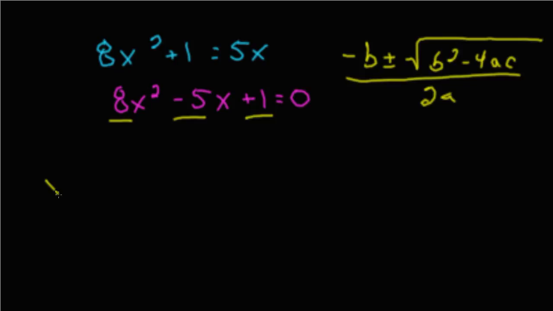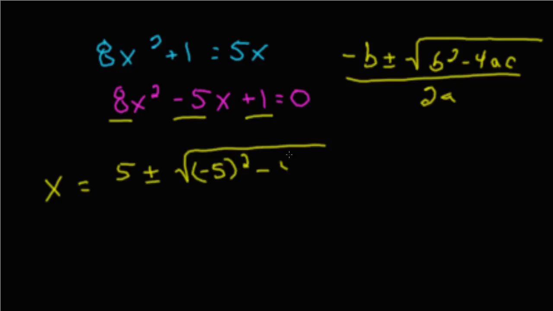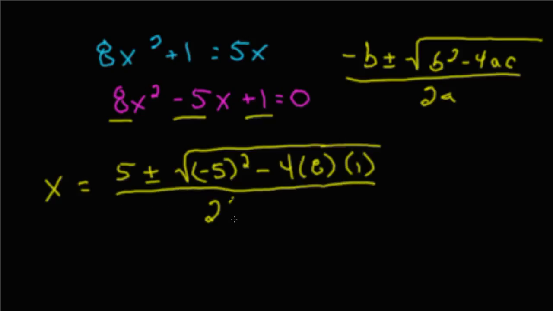So we'll come over here and say x equals negative b, opposite of b, so in this case that's a positive 5, plus or minus the square root of a negative 5 squared minus 4 times 8 times 1, all divided by 2 times 8.